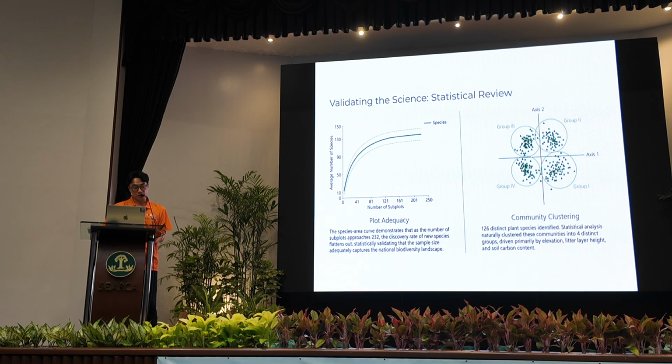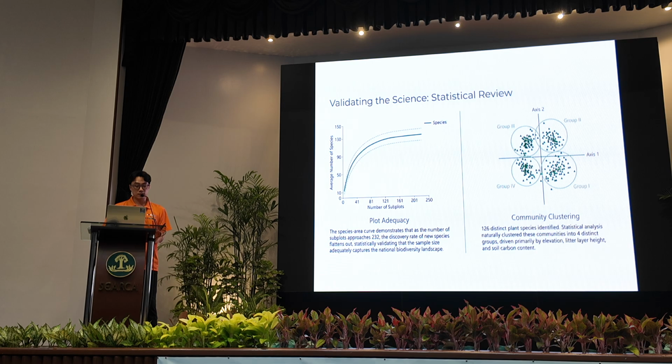The species area curve demonstrates plot adequacy as the number of subplots approaches 232. The discovery rate of new species flattens out. This validates the sample size.